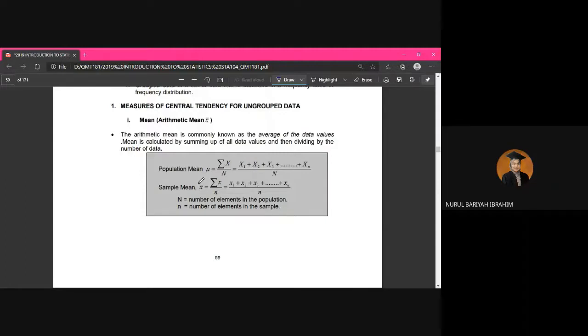If we have the data for the whole population, the mean is called the population mean. If we have the data from a sample only, the mean is called the sample mean, with notation x bar. The notation differs only because we deal with a population or a sample. So usually we use the sample mean, which is the summation of x, the total of all the data, divided by the number of samples.